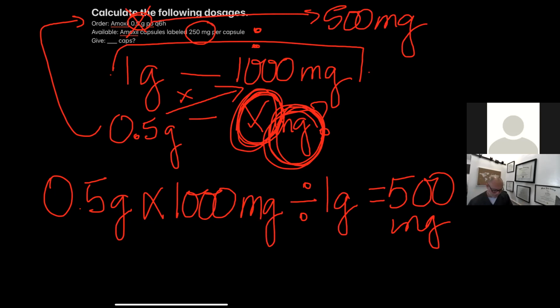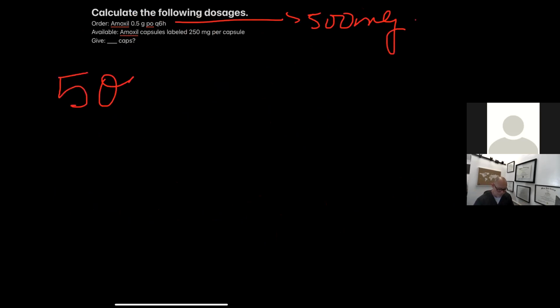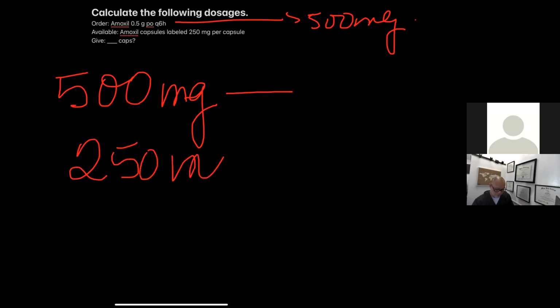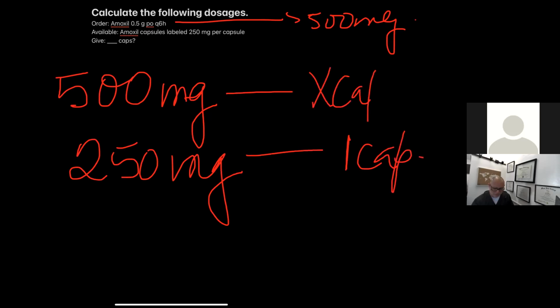So we know that. With that being said, let me go ahead and clear this. If I know that I have an order, it's the same thing. So if we have an order for 500 milligrams, but I do have capsules that are 250 milligrams per 1 capsule, how many capsules do I have to give to achieve those 500?